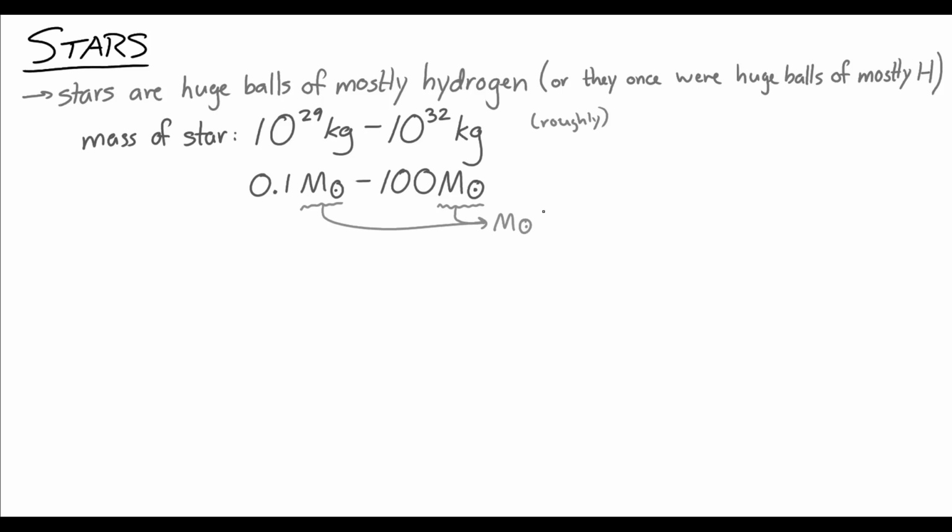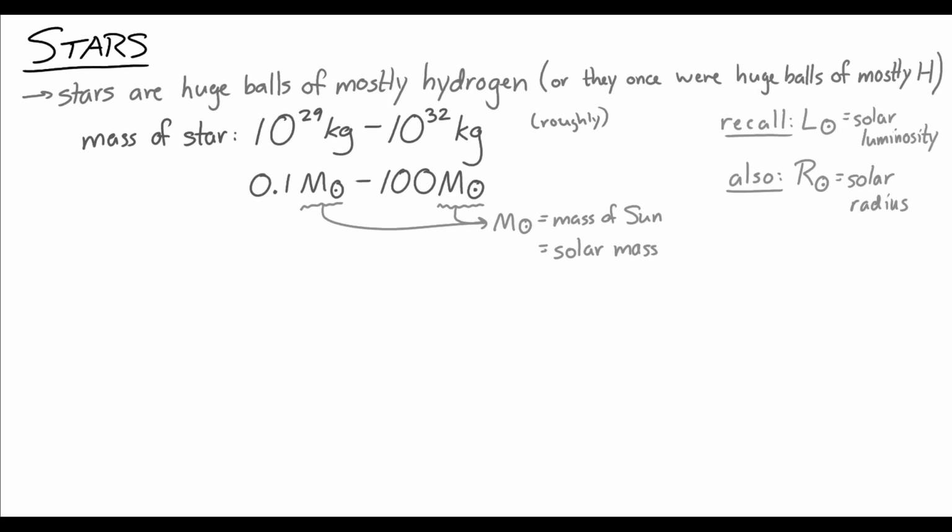The circle dot refers to the Sun. So M with a little circle dot next to it refers to one mass of the Sun, or a solar mass. And we've seen this before. We saw a solar luminosity, and we can also talk about a solar radius, the radius of the Sun. And these are commonly used when talking about other stars.